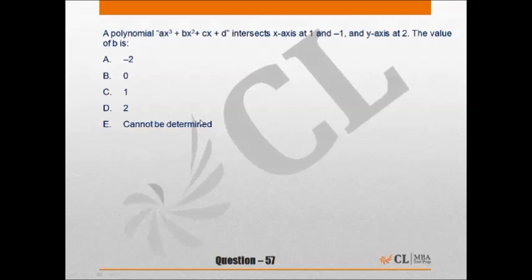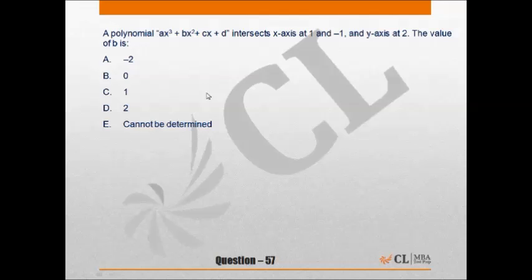However, we can compute a few variables out of these four, and as the polynomial cuts the y-axis at 2, it means the value of x has to be 0 when y is equal to 2.